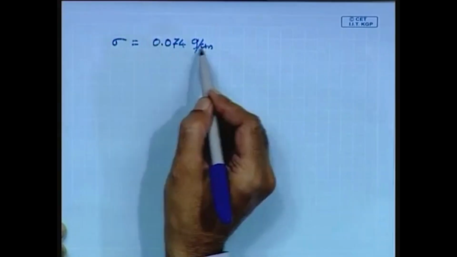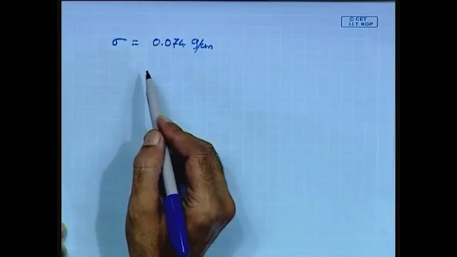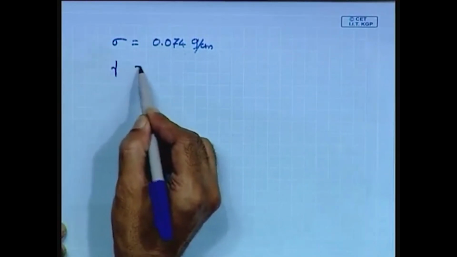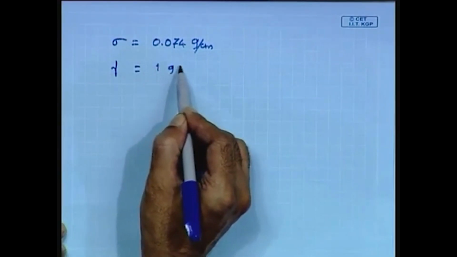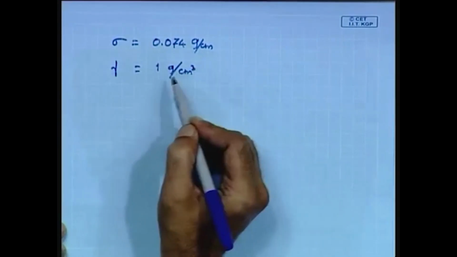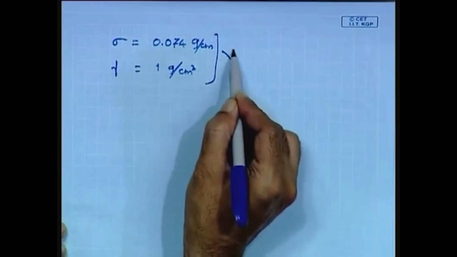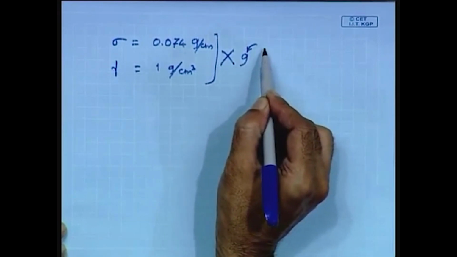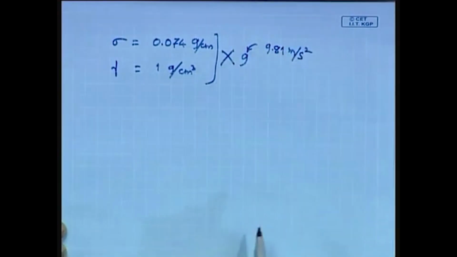Of course, this has to be multiplied by the acceleration due to gravity, g, that is 9.81 meter per second square, and the specific weight of water, again 1 gram per cubic centimeter, also multiplied by g.